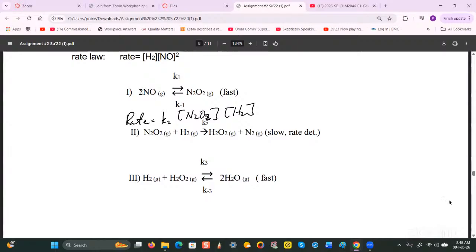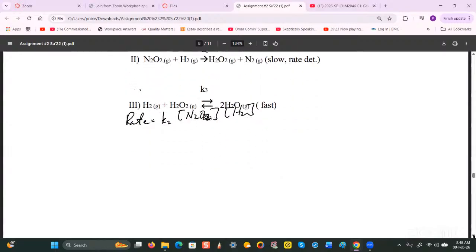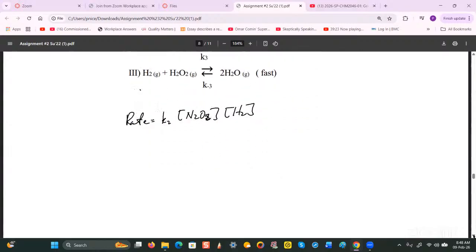So let me scroll back down so I can write down what I just said. We can say that the rate of the forward reaction for the first equation would be K1 times the concentration of NO squared, and that would be equal to K minus 1 times the concentration of N2O2.